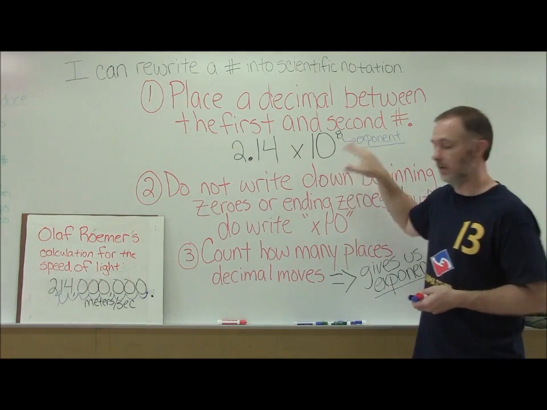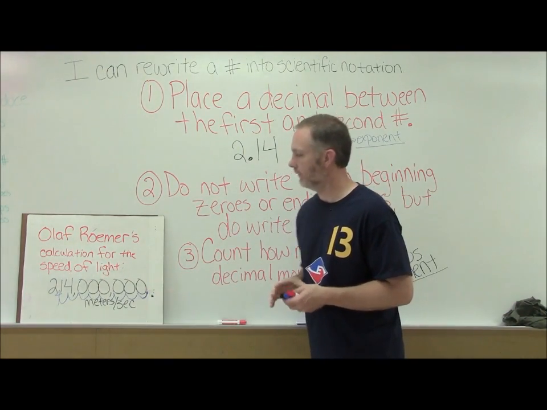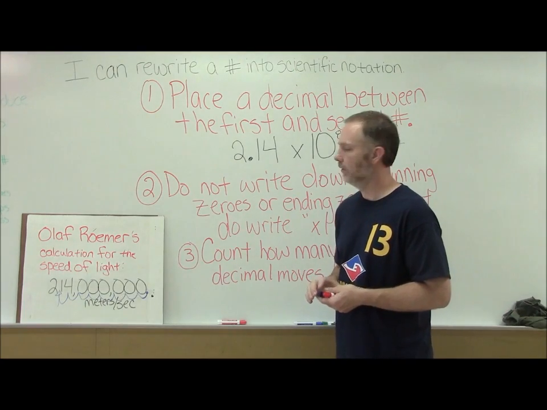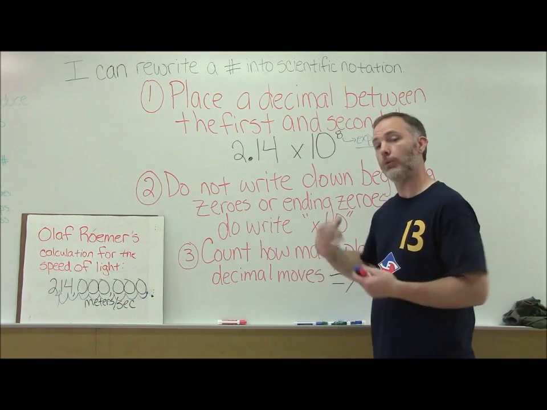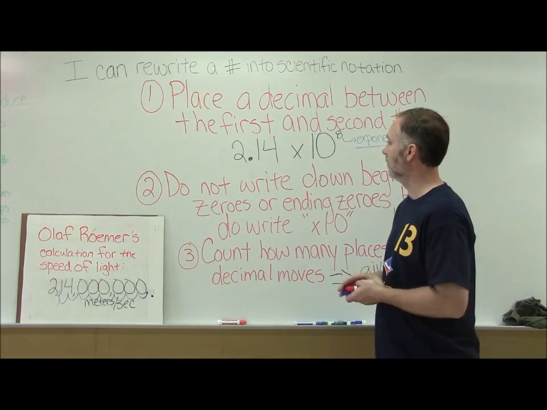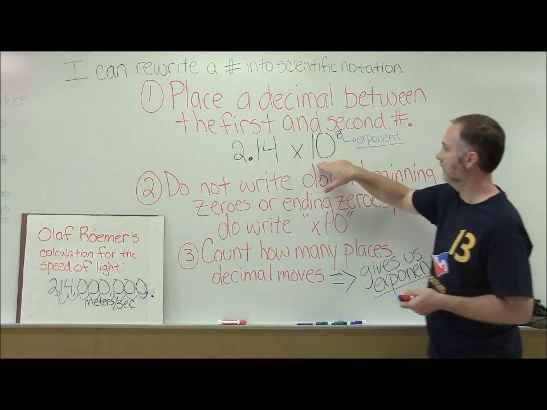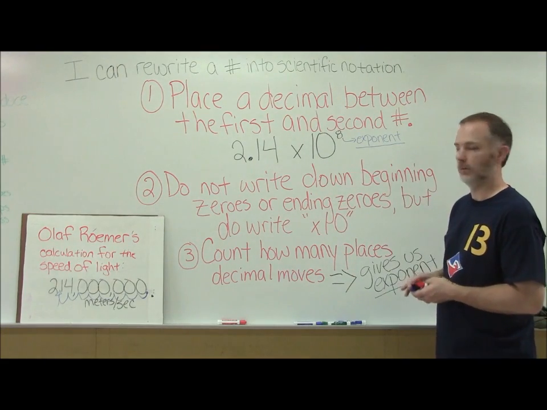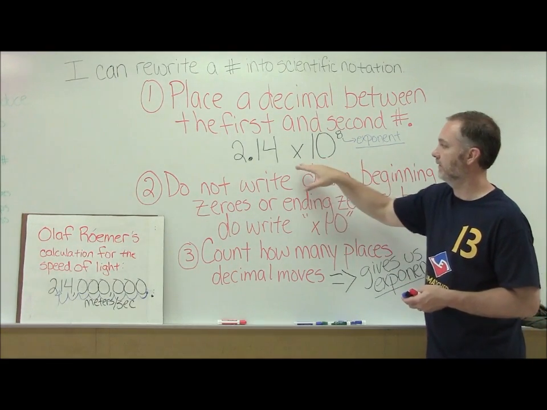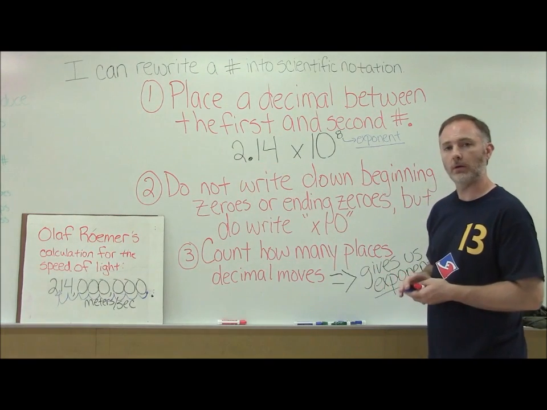This is the exact same value as this 214 million. We just took this big number with 6 zeros at the end of it and rewrote it as 2.14 times 10 to the 8th. Actually, we moved it 8 places to get our decimal right there.